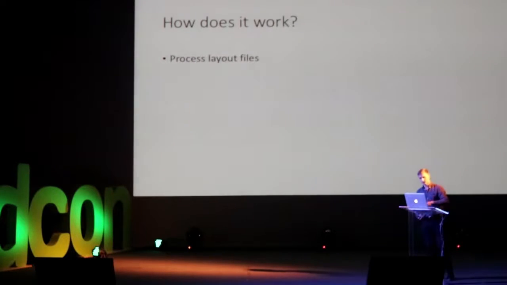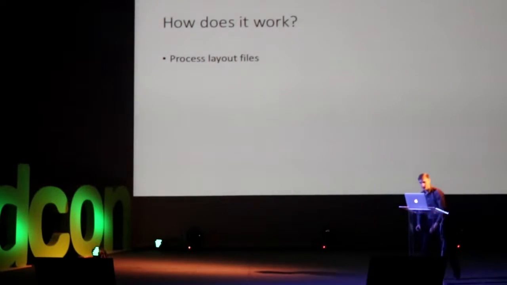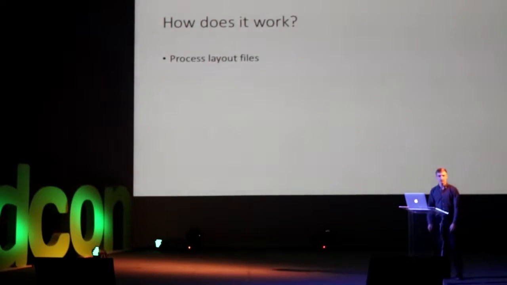So the first thing, when you run the build process and data binding is enabled, is that the layout files are processed. It will strip out the data binding specifics in the layout file, like the layout tag, the data tag, and the variable tags, because Android can't parse those on the fly.